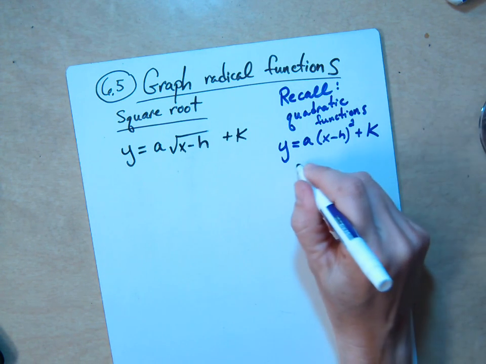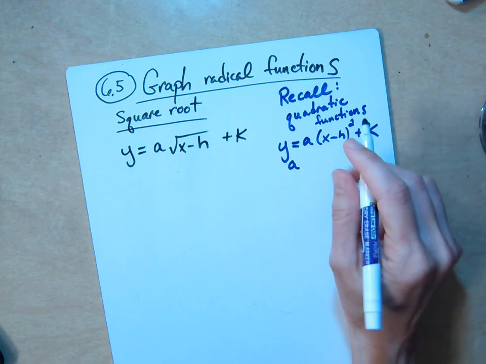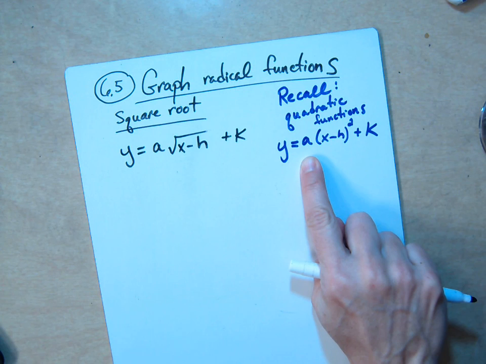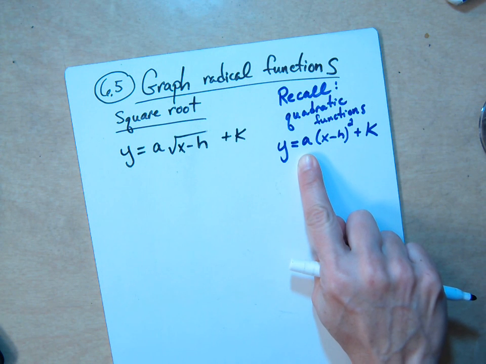So I'm just going to review for you. If a was positive, what happens to the parabola? It opens up, and if a were negative, down. If the absolute value of a were big, it would be skinny, and if a is a fraction, like 1/10, then it would be fat or wide.